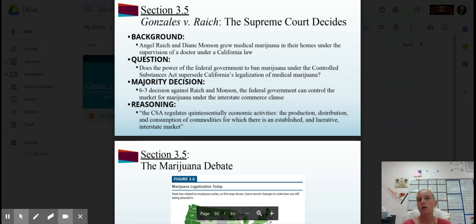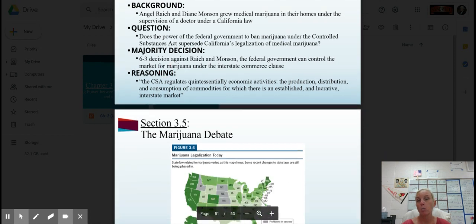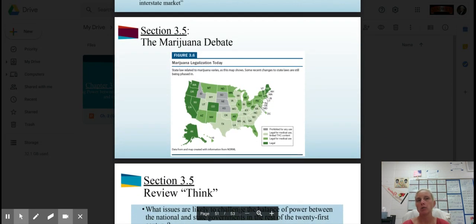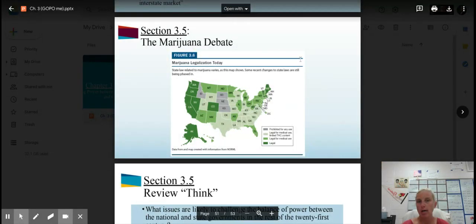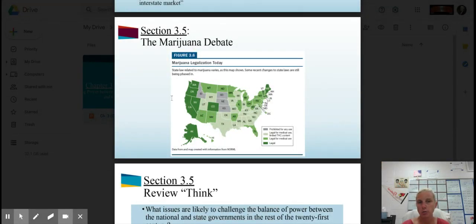So ultimately, according to this case, if people wanted to take this to the courts, the federal government could step in and say that all sales and growing of marijuana is illegal and it's unconstitutional for states to violate that. Why isn't that being done? Simple, because people aren't taking it to court. If people take it to court, Gonzales versus Raich shows that the federal government will most likely win.